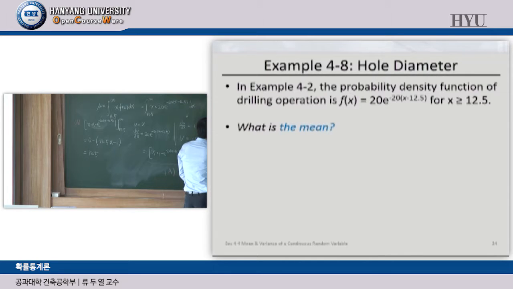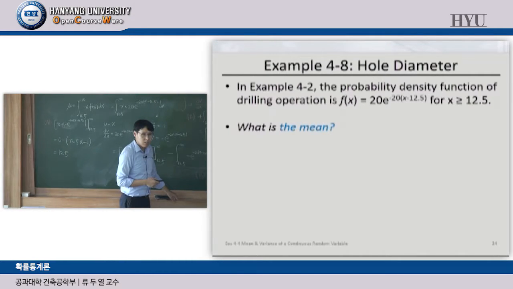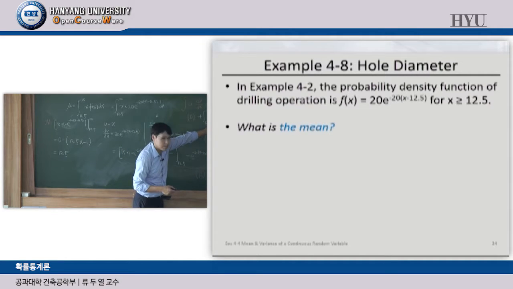And for this case, this is minus 1 over 20 exponential minus 20 (x minus 12.5) from 12.5 to infinity, right? If you differentiate this equation, you can obtain this value, right?